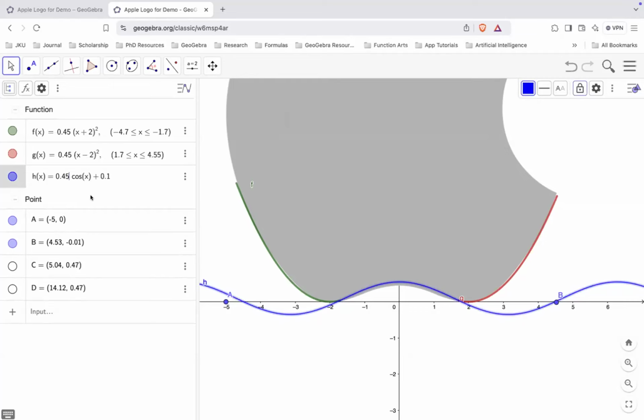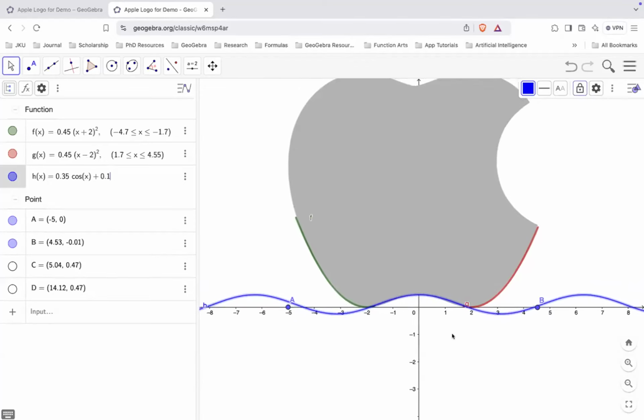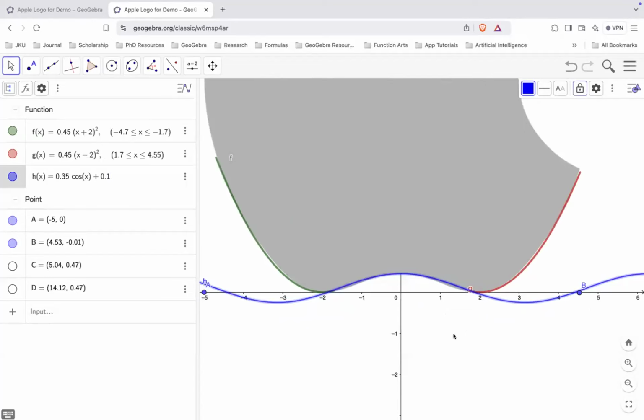A little bit more. 0.4. A little bit more. 35 maybe. Okay, so it's quite difficult. But I guess this is a good estimate. And again, if you have time, of course, you can be as accurate as possible. And what is the domain of this?